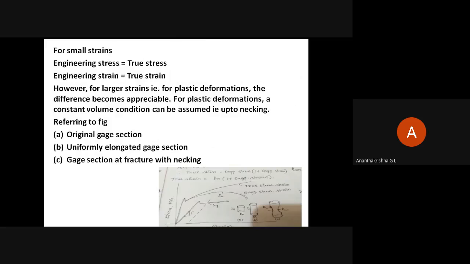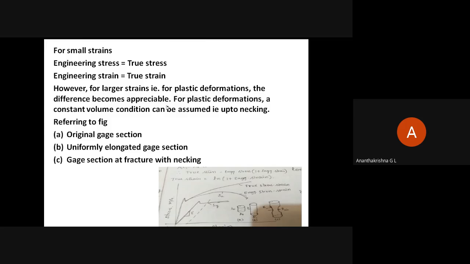Engineering strain is change in length by original length L naught. However, for larger strains, that is for plastic deformation, the difference becomes appreciable. You cannot equate engineering stress to true stress, and you cannot equate engineering strain to true strain. They will be totally different during the plastic deformation stage.